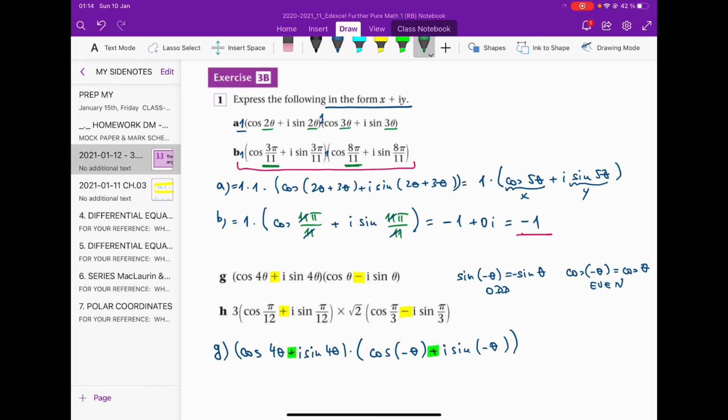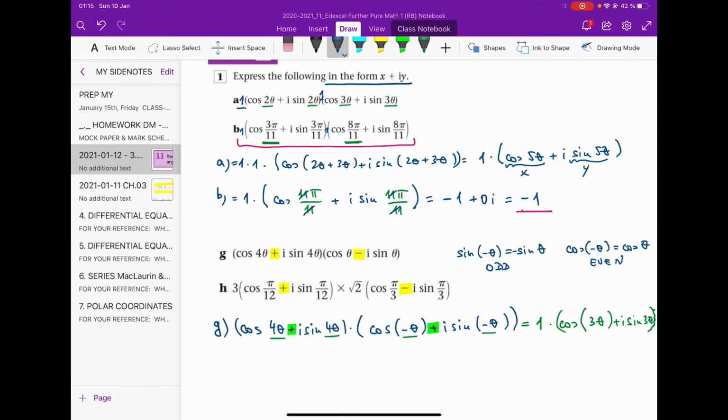That means I can add the arguments, and multiply the modulus with the second modulus. But that is 1 times cosine. So when I add these, I'll get cosine 3 theta plus I sine 3 theta.